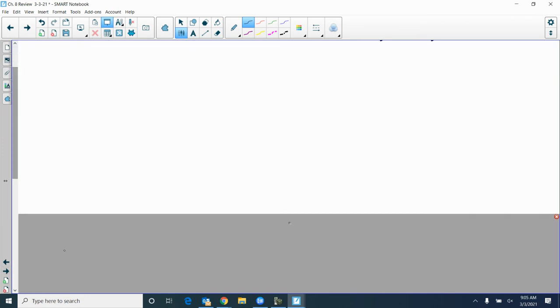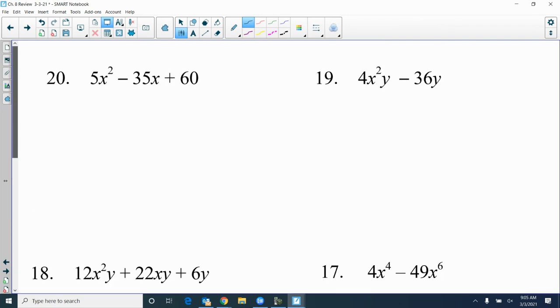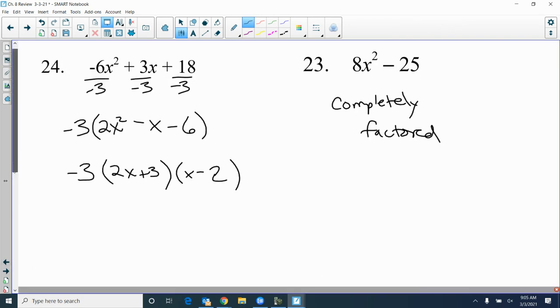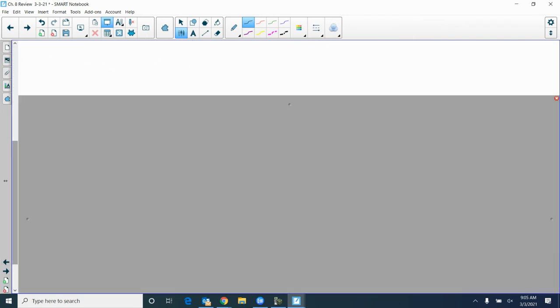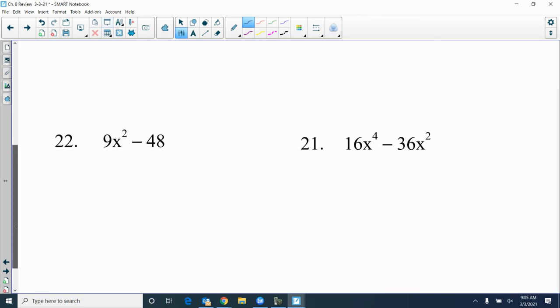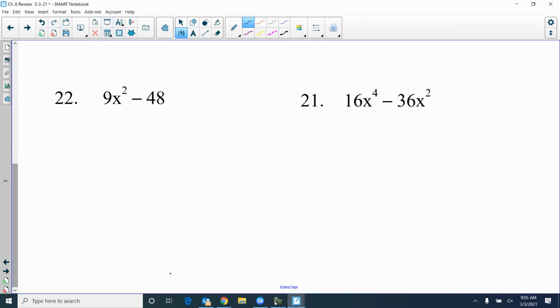All right, let's go. All right, number 22, 9x squared minus 48. First thing I'm going to look for is greatest common factor. I'm going to give you a hint. There is a greatest common factor here. What is it? 9. 9's not going to go into 48. 3. It's 3.